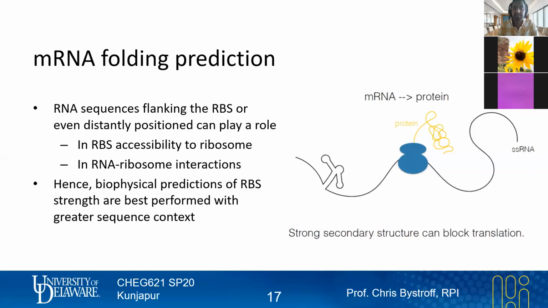And even if we have a really strong RBS, if we use very rare codons in our gene sequence, then we can end up creating a situation where the ribosome stalls because there isn't enough of the tRNA that has the anticodon that would then bring an amino acid to continue reading that message.